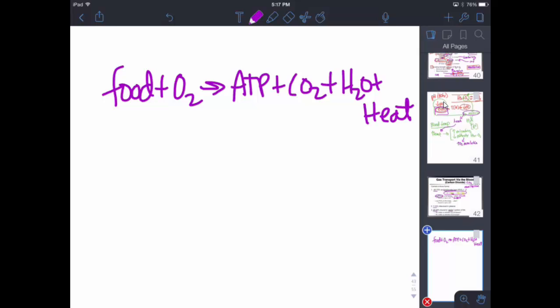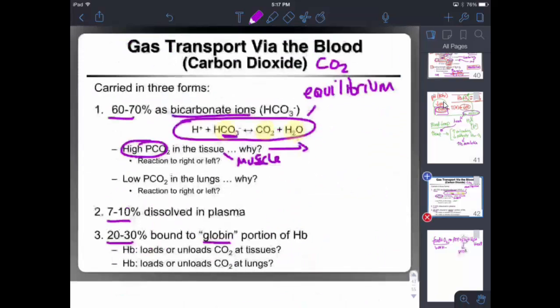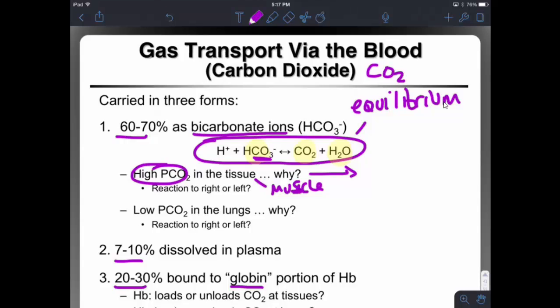When we're doing work, we're taking in food and oxygen and we're producing CO2, right? So the muscle produces CO2, CO2 leaves the muscle, goes into the capillaries in that area, and so in the area of the muscle we see a high PCO2.